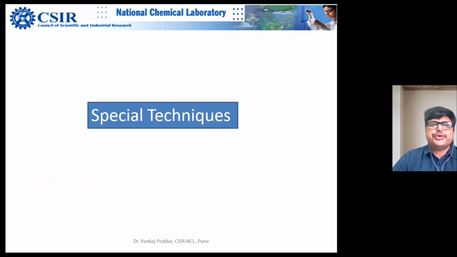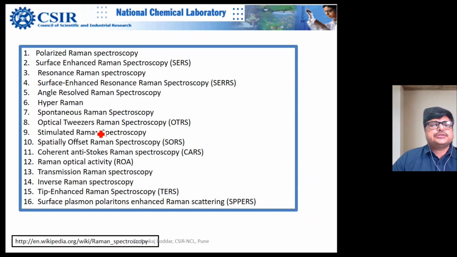Now I will speak quickly about the third part, which is Raman-based spatial techniques. This is the list of 60 techniques which are available, maybe more. Some of them are highly useful. For example, we have used Raman optical activity in our lab, and tip enhanced Raman spectroscopy is also very powerful.